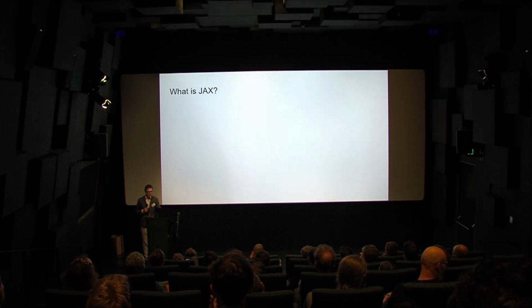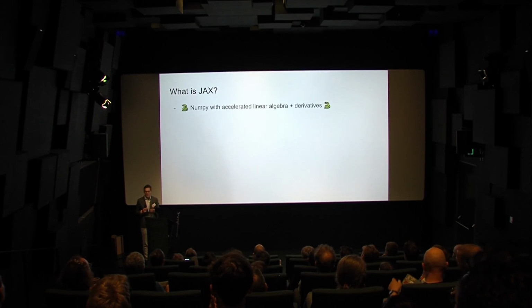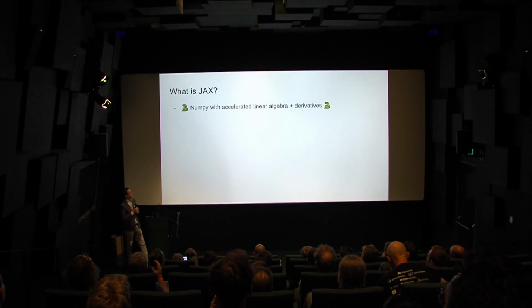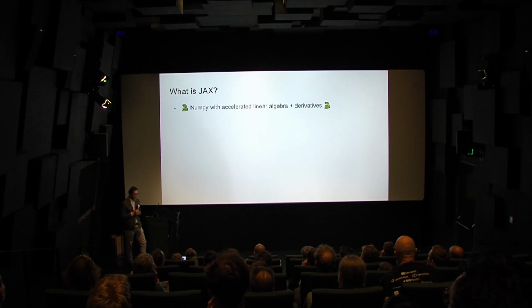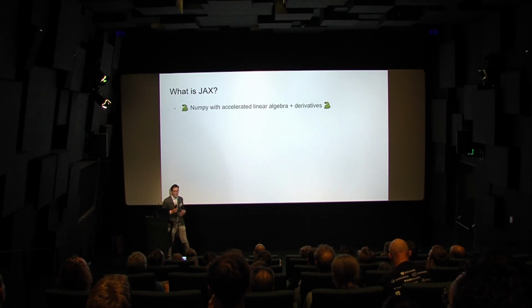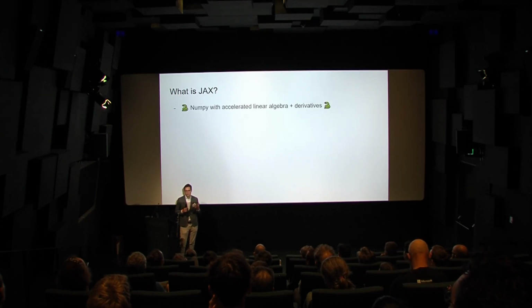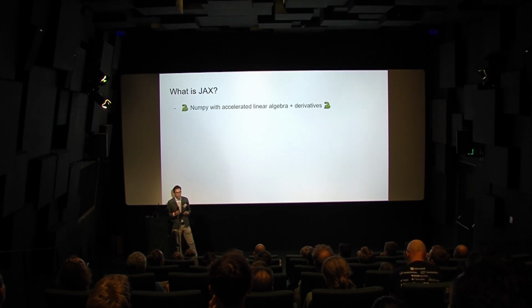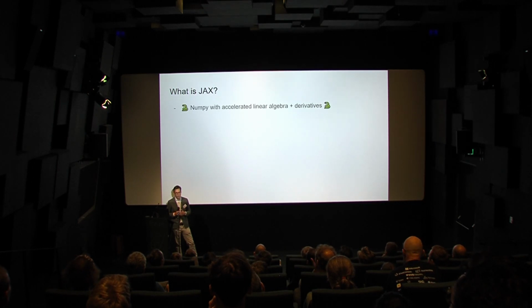So what is JAX? Well, I think mostly it's just NumPy. It's NumPy, but it has extra capability to make linear algebra fast, and it also has the ability to take derivatives. So in a sense, this is it.